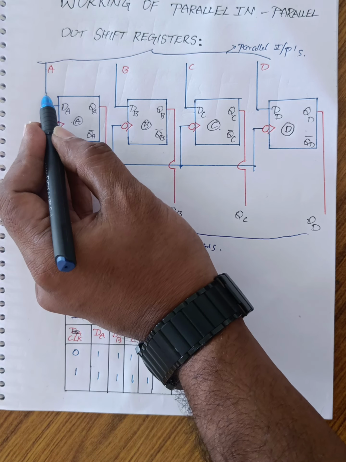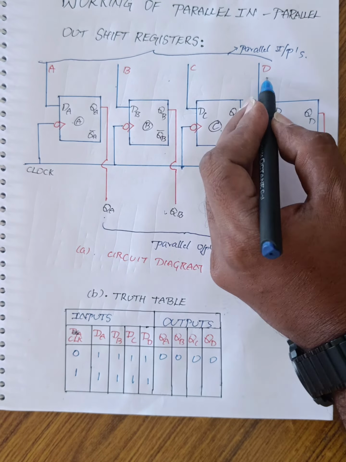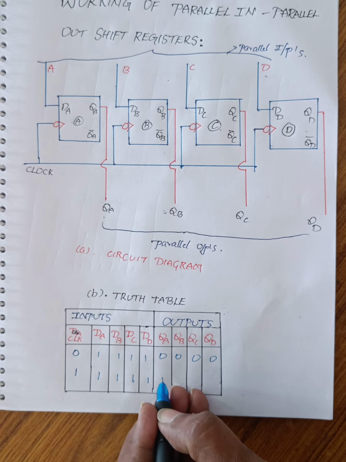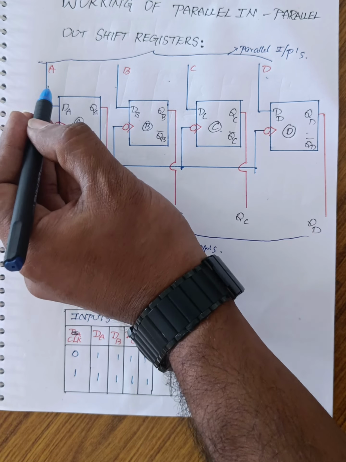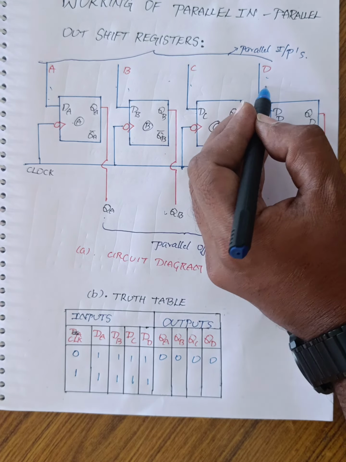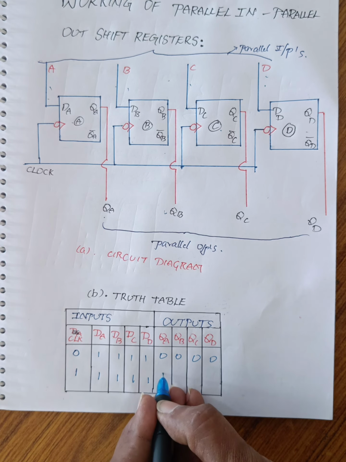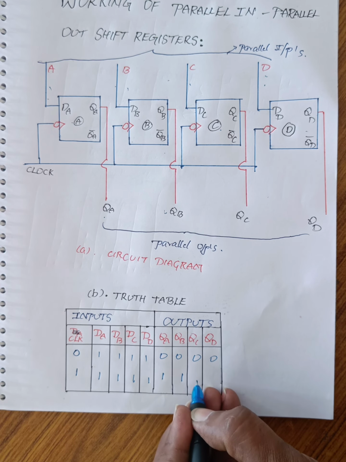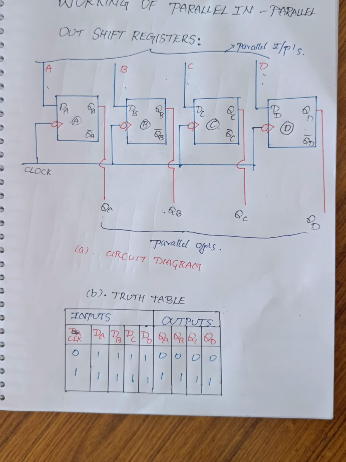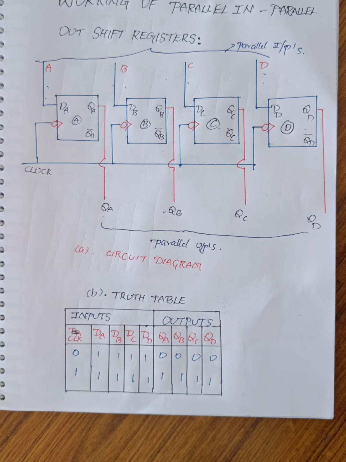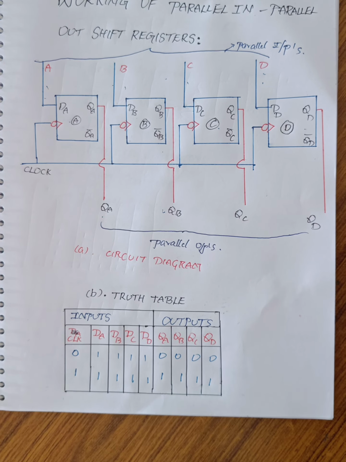When we are applying input data A, B, C, D, automatically the output values are generated. So 1 is applied here, 1, 1, 1, and the output is also automatically 1, 1, 1, 1. Whatever input data we give, the same output value is present in registers, generally D flip-flops.